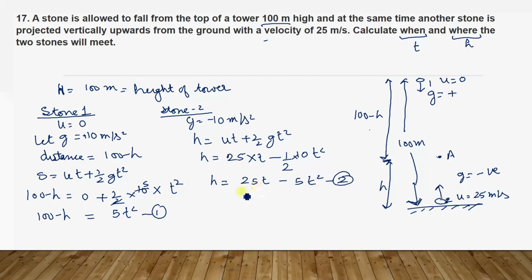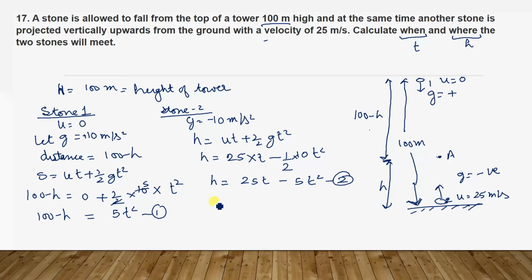Now using these two equations, by the elimination method or by the substitution method, you can solve for h and t. Do it yourself. I'll solve it here, but I suggest that you solve it yourself to find the values of t and h. So let's see what's happening.